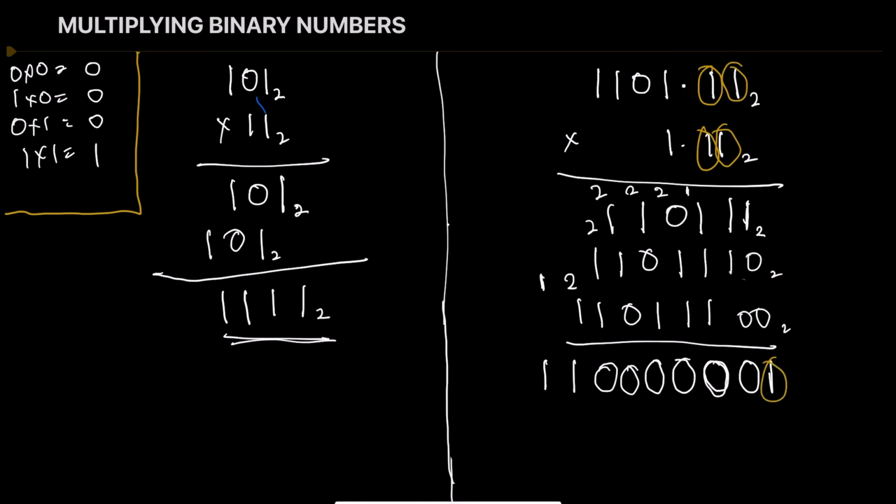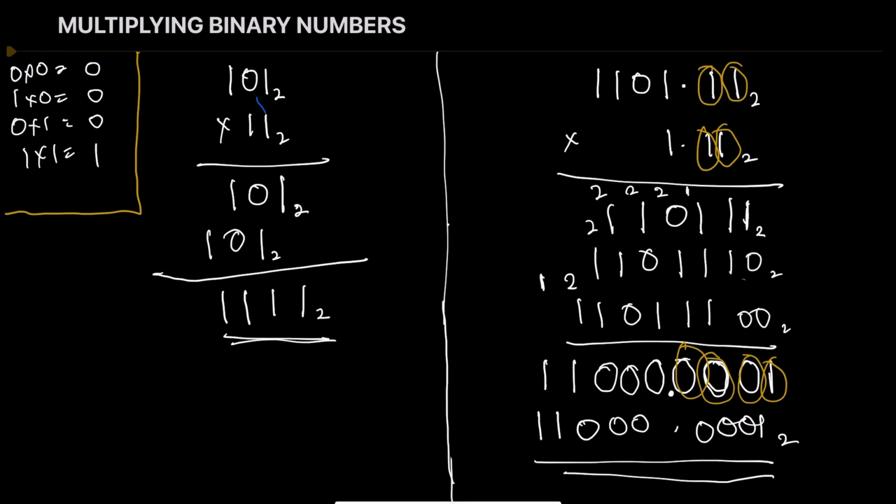Do you have 1, 2, 3, 4? And then here, we just come here, and so we put a dot here. And so our final answer is basically 111000.0001 base 2. And this is our final answer.